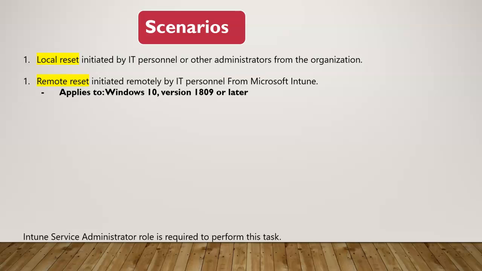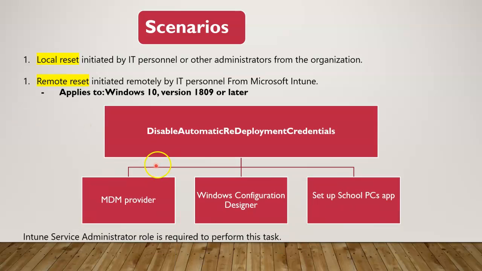So these are the flow: disable automatic deployment credentials, which will be initiated in RBAC, role-based access control. You have the options to configure this. These are the specific permissions to be granted to perform a remote reset of that specific PC.